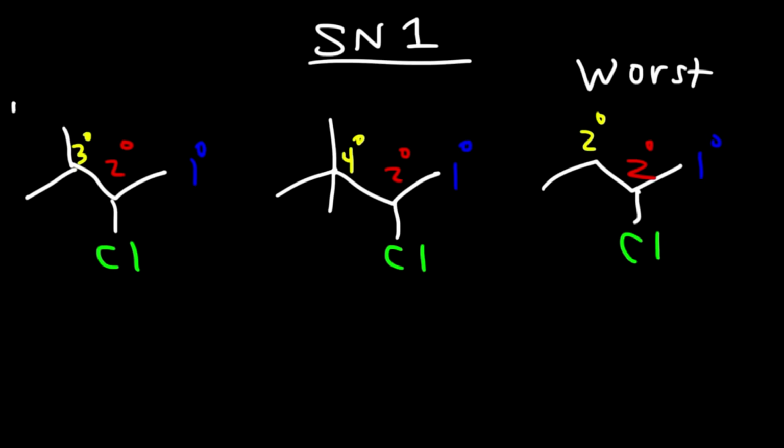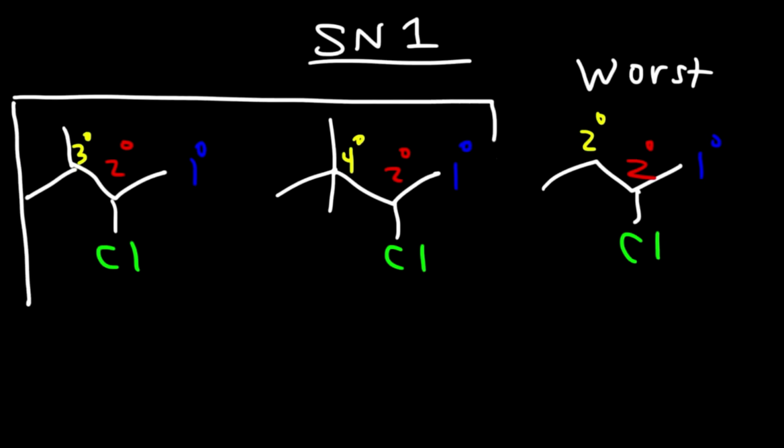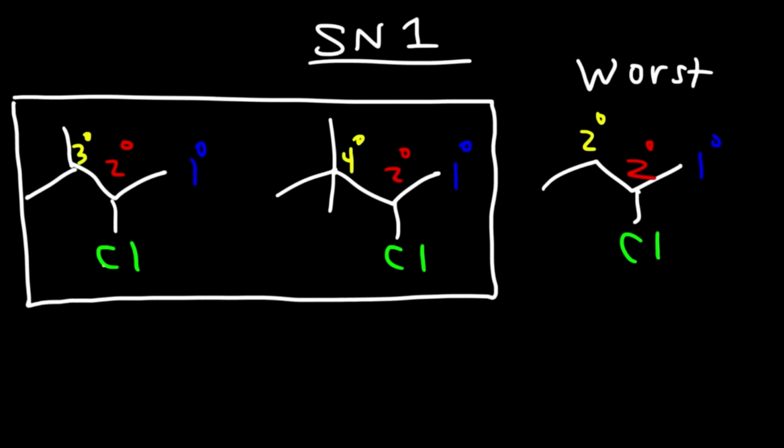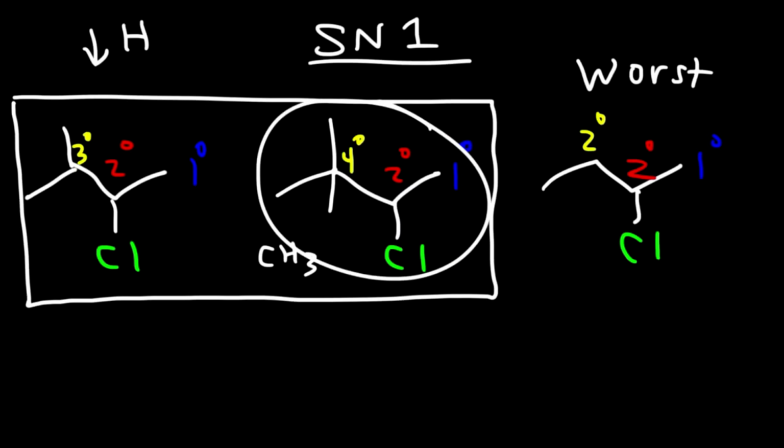Now these two, they're very good for an SN1 reaction. This one can undergo a hydride shift, and this one can undergo a methyl shift. And so they both can generate a tertiary carbocation. So in that sense, they're similar. However, the SN1 reaction usually competes with the SN2 reaction. And this is terrible for an SN2 reaction because there's a lot of steric hindrance due to the quaternary carbon.